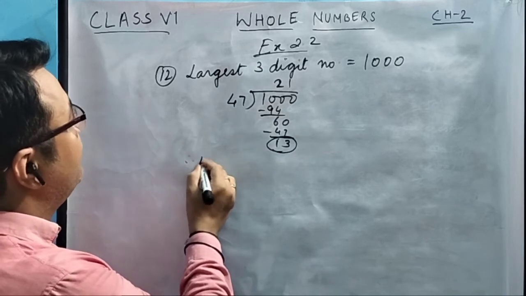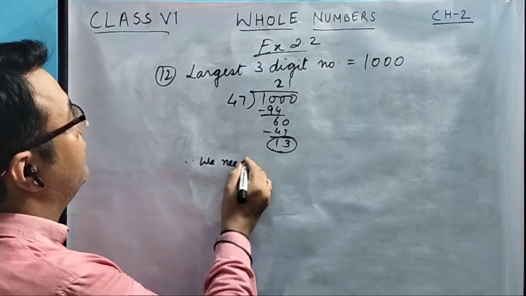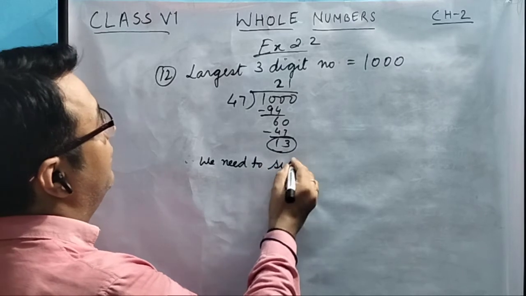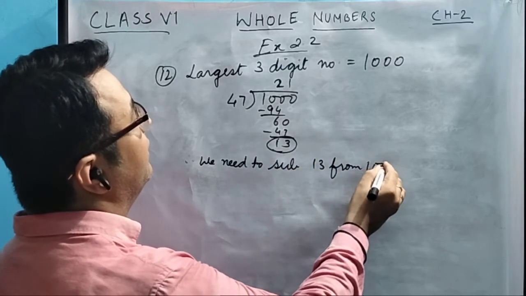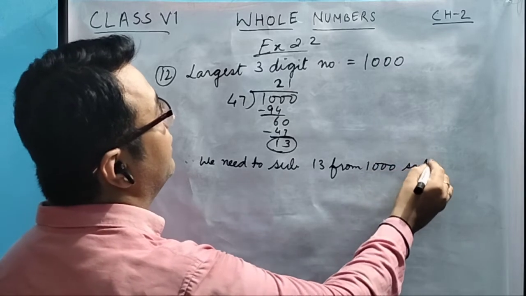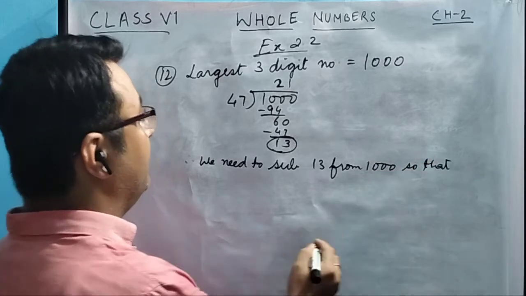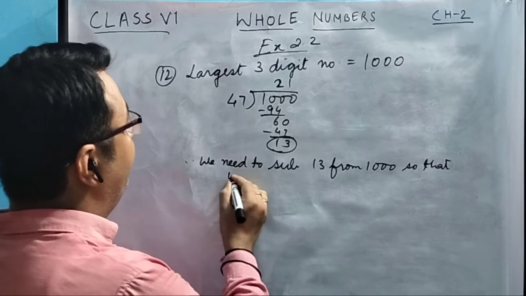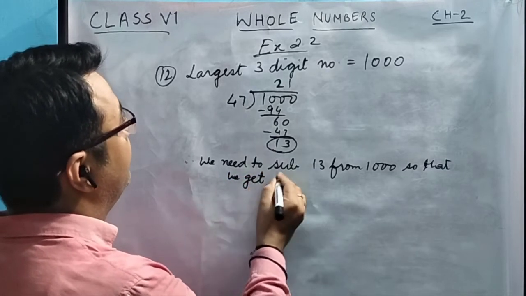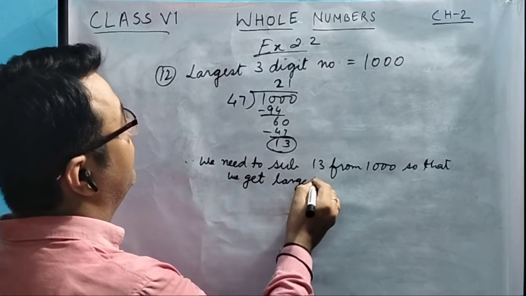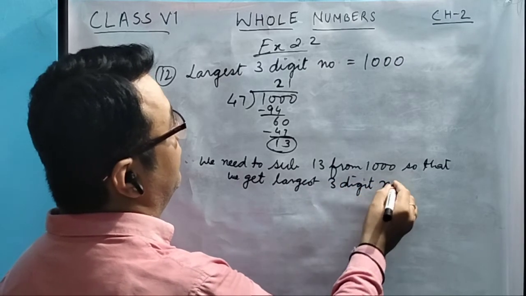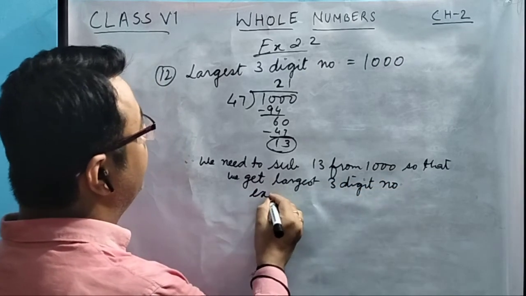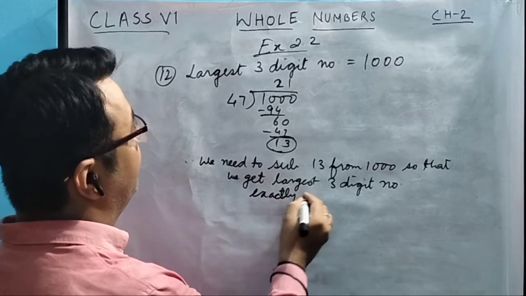So therefore we need to subtract 13 from 1000 so that we get the largest 3-digit number exactly divisible by 47.